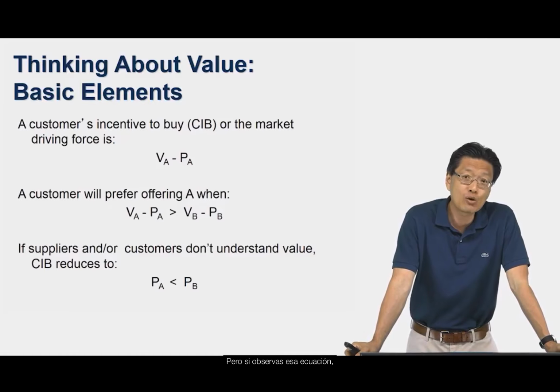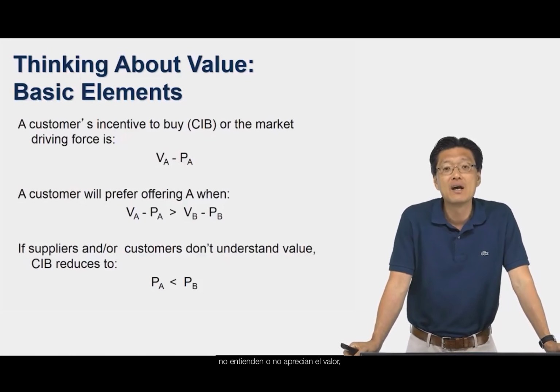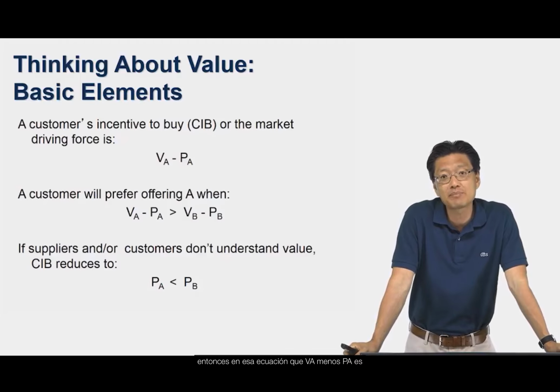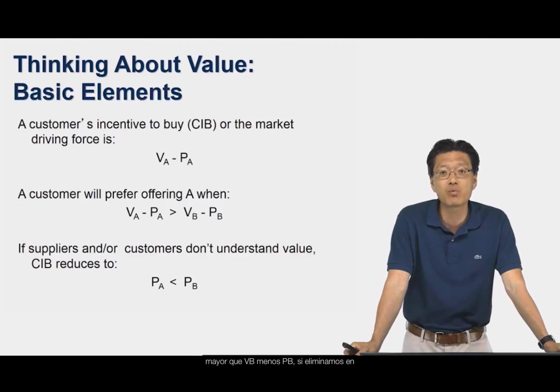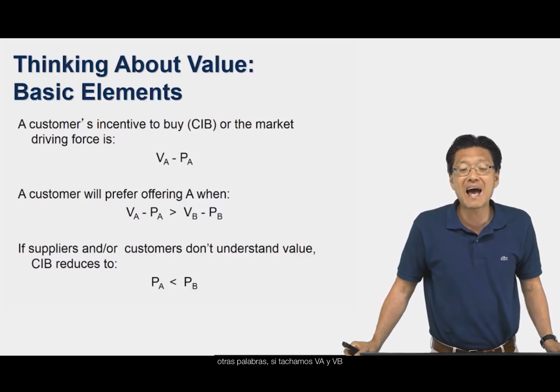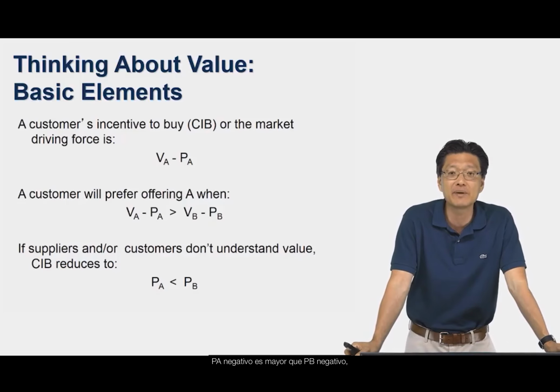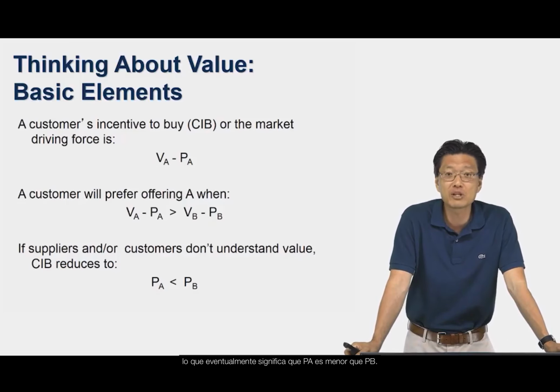But if you look at that equation, let's assume that companies do not compete on value, or customers, for some reason, do not understand or appreciate value. In the equation VA minus PA is greater than VB minus PB, if we scratch out VA and VB, then we're left with negative PA is greater than negative PB, which eventually means that PA is less than PB.